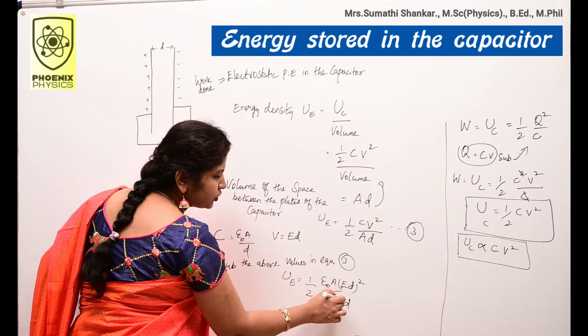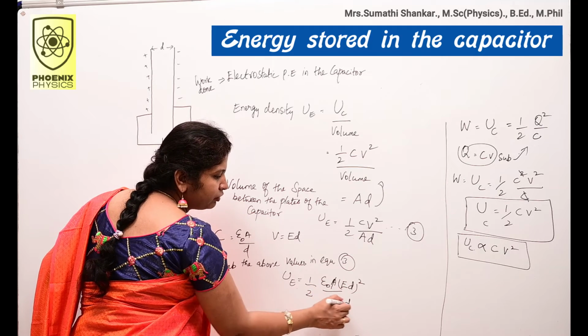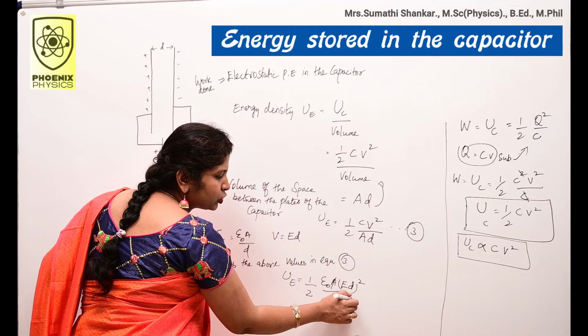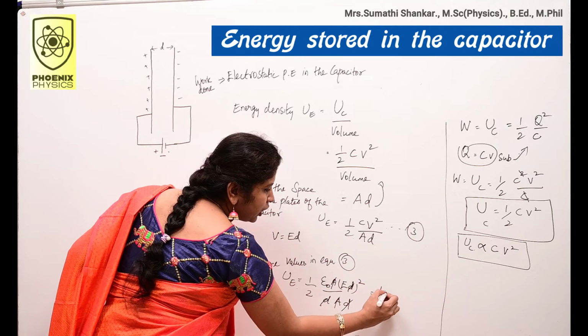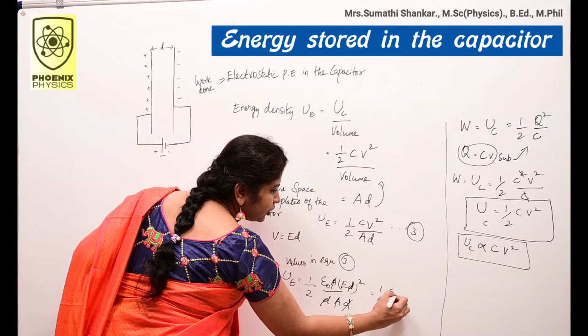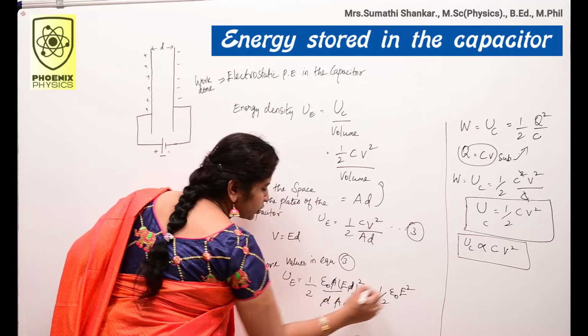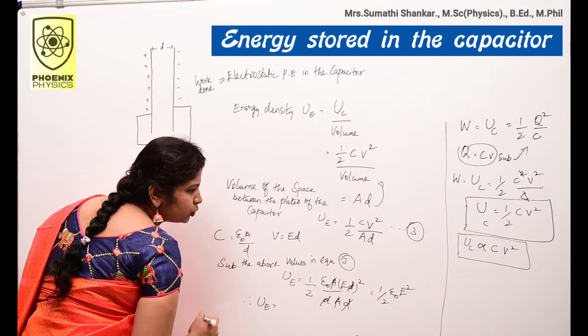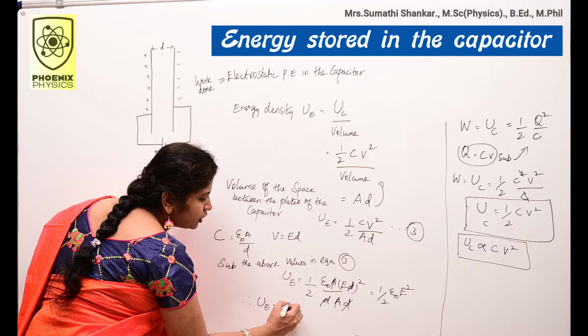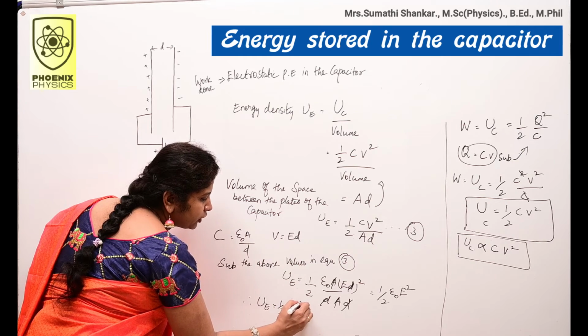So cancel this A. Here I have D, here I have D. So D square, cancel this. So finally you can get half epsilon naught E square. So therefore UE is equal to half epsilon naught E square.